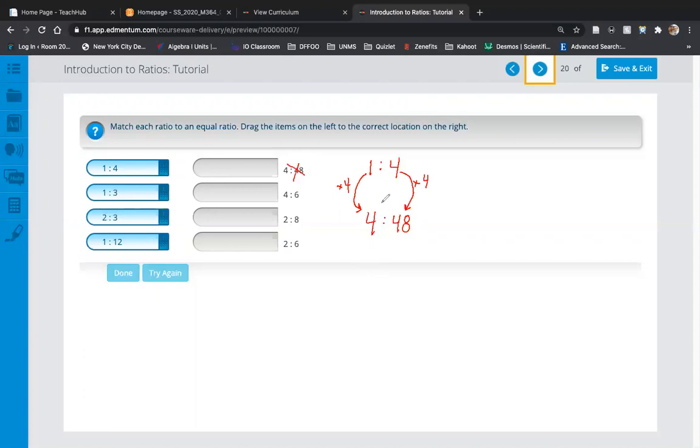Same thing for this one, 1 to 4 to 4 to 6. Can I take the ratio 1 to 4 and get the ratio 4 to 6? No, because again, I'm going to have to multiply this guy by 4. And if I multiply 4 times 4, I do not get 6. So it's not this one. It actually ends up being this one, right?